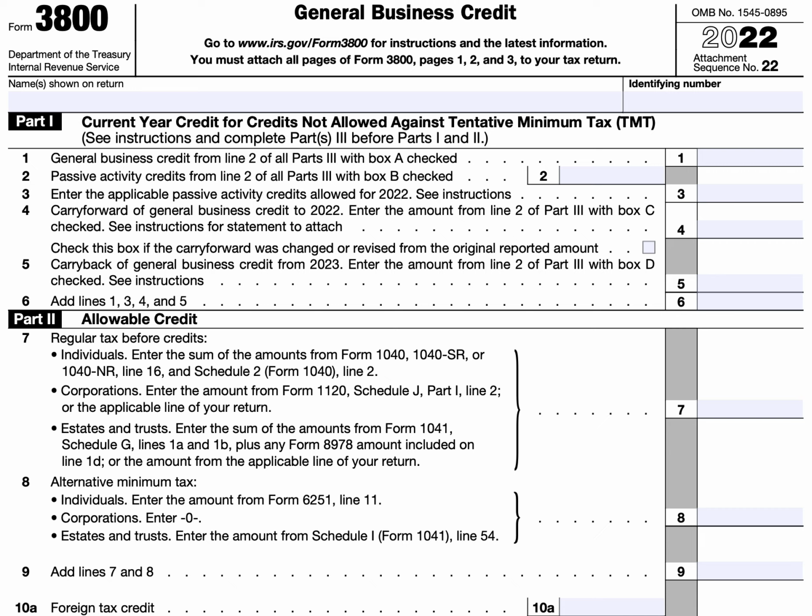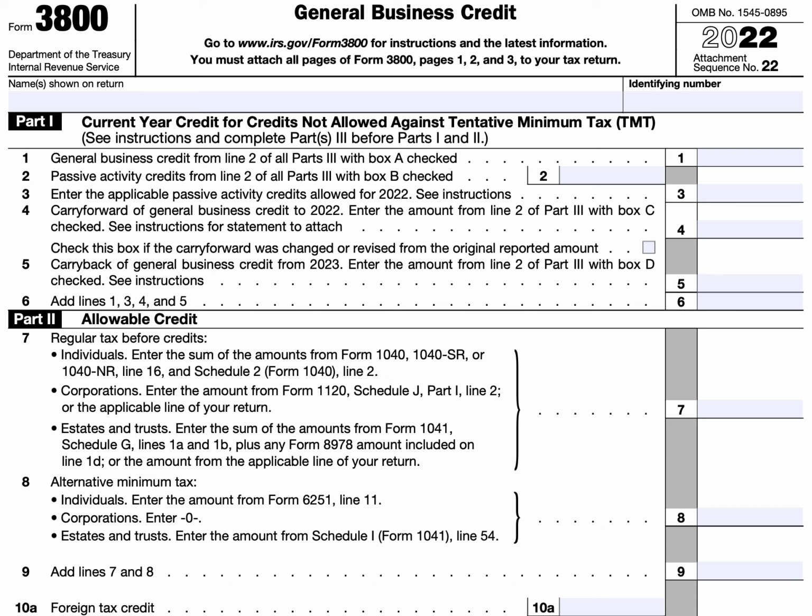There are certain limitations to how much of a credit you can claim in the current tax year, and then any credits generally that are disallowed can be either carried back or carried forward into future tax years.